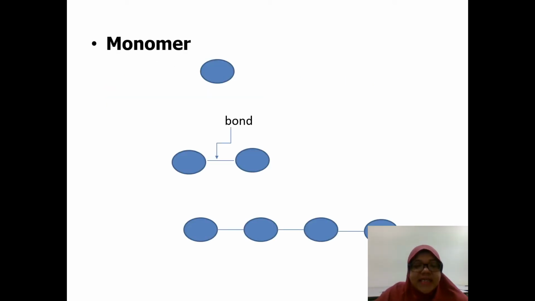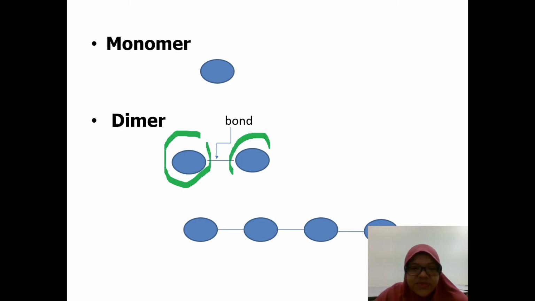This illustration will help you understand what a monomer is. A monomer is only one molecule. For protein, the monomer is amino acid. A dimer is two identical molecules joined or linked by a specific bond. For example, in protein, a dimer is one amino acid linked to another amino acid by a specific bond.